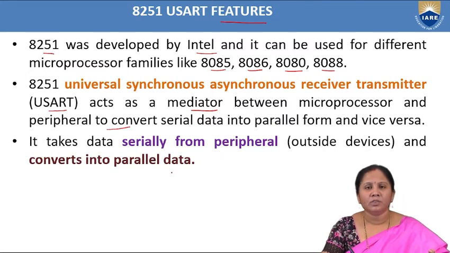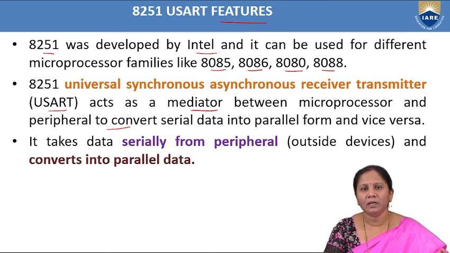Generally the peripheral devices, that is IO devices, will generate output in serial form. But the microprocessor will take data in parallel form, do some operations on that parallel data, and again produce output in parallel form.